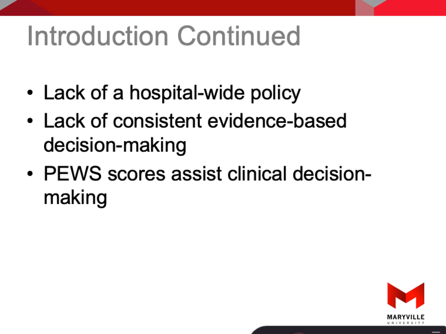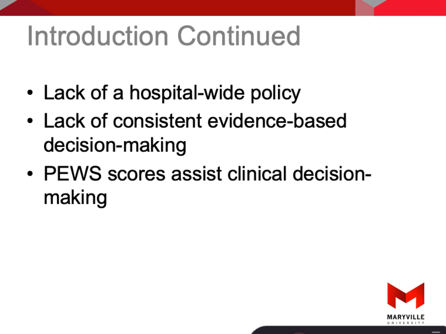At an acute care hospital located on the eastern seaboard of the United States, it was found that a hospital-wide policy did not exist to guide the nurses and other healthcare professionals in the decision-making efforts for bronchiolitis treatment.